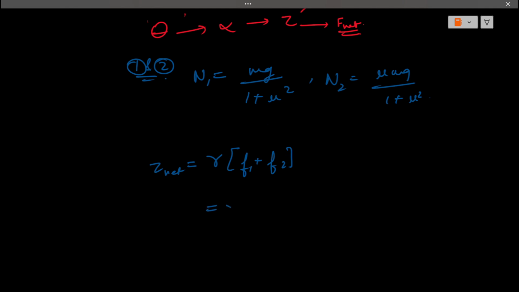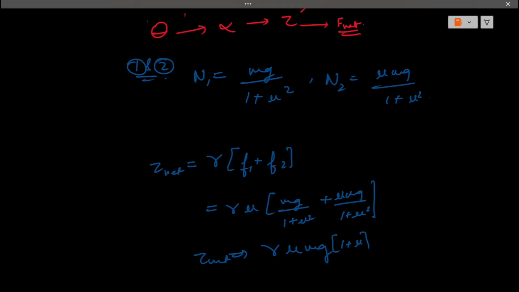So we have this as R times mu times N1 plus N2, that is mg over 1 plus mu squared plus mu times mg over 1 plus mu squared. So for the final value of the net torque, we have R times mu times mg times 1 plus mu over 1 plus mu squared, right?